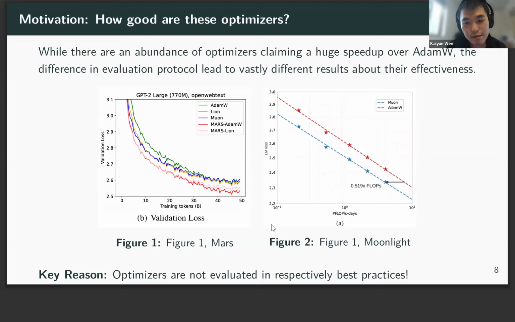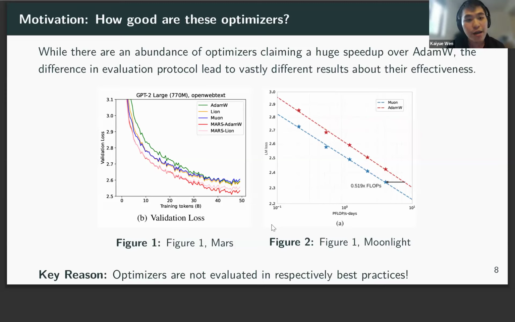But in a paper published at almost the same time, it is shown that Muon seems to have a 2 times speed up over AdamW. The settings and the model scale seem to be roughly the same, because the right plot is also in a regime of roughly 1 billion parameters.